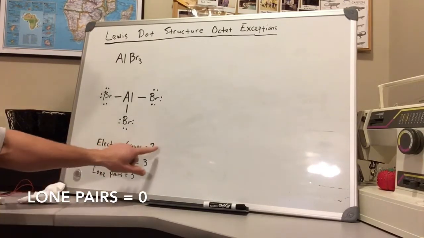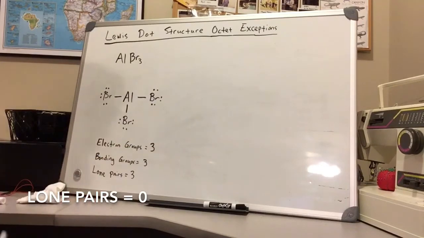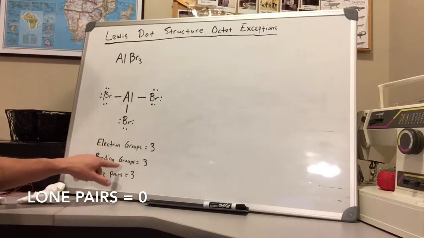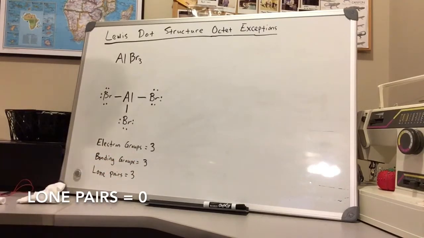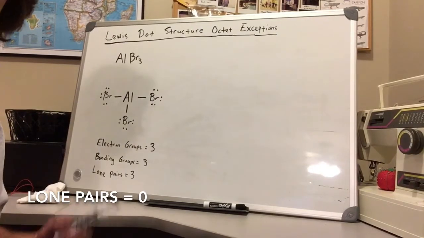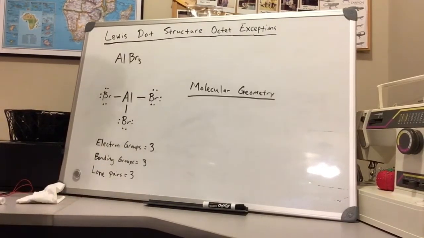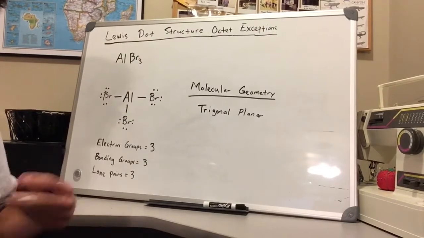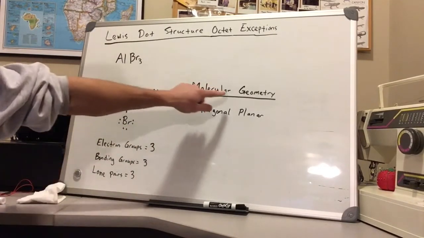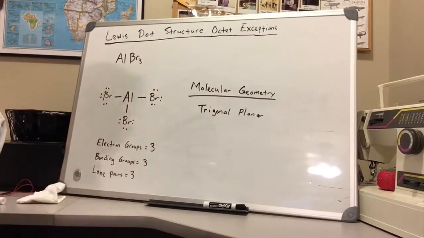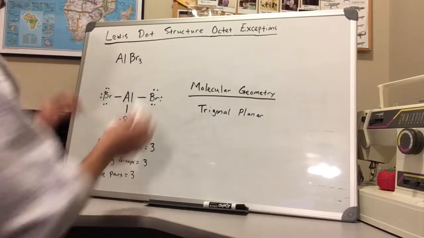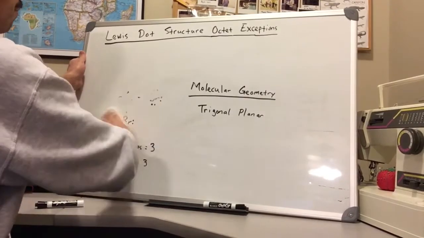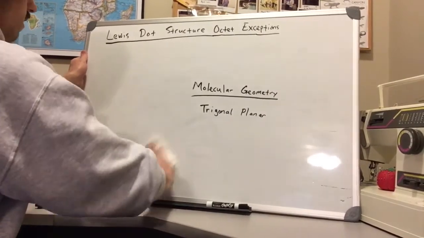With 3 total electron groups, my overall electron geometry is going to be trigonal planar. And then because all 3 of these groups are bonding groups, I'm going to end up having an overall molecular geometry that is trigonal planar. So the shape of my molecule is going to be trigonal planar. When I ask for the shape of the molecule, I'm talking about the molecular geometry and not the overall electron geometry.